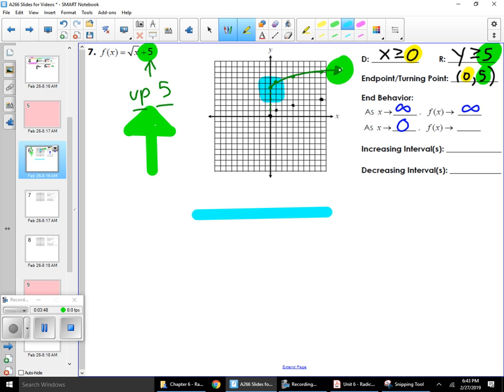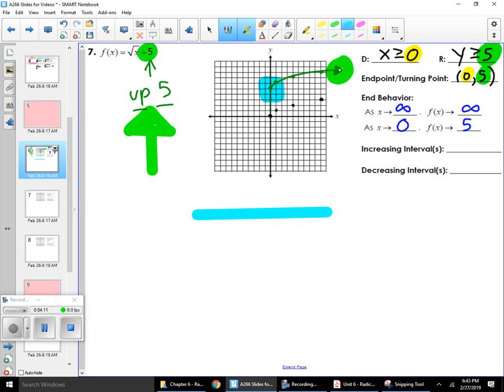And as x goes to 0, y, or our f of x value, our function values, they go to 5. So end behavior is a bit weirder with square root functions than it was with polynomials. But at the end, we're still just looking at start and end values and also at arrows to see where this function is actually headed.